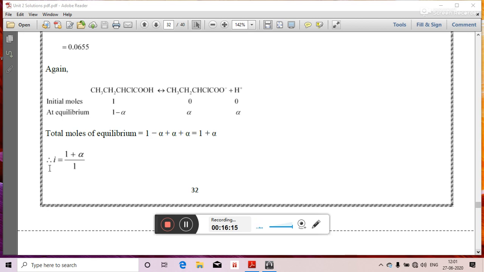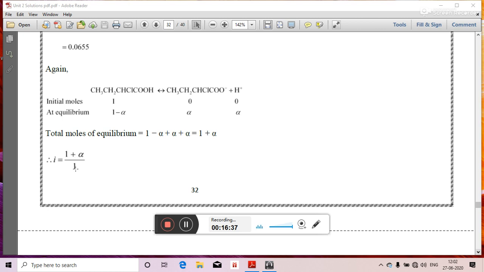Now i is equal to the number of moles after dissociation, that is at equilibrium, which is 1 plus alpha, divided by the number of moles before dissociation. The initial moles are 1 plus 0 plus 0, so that is 1.